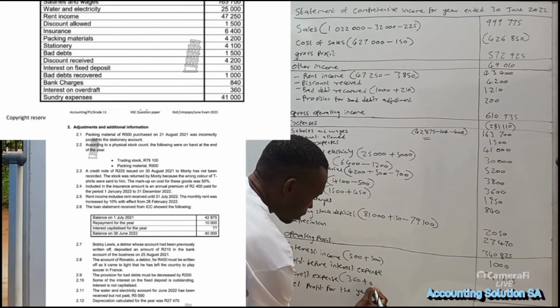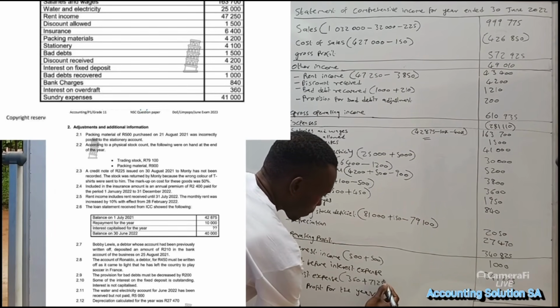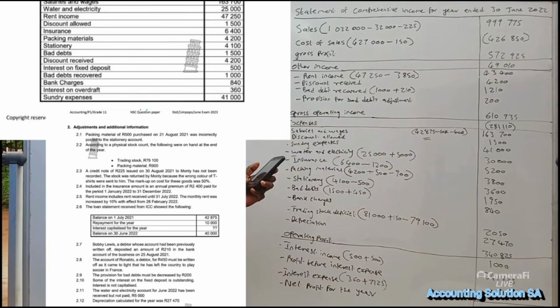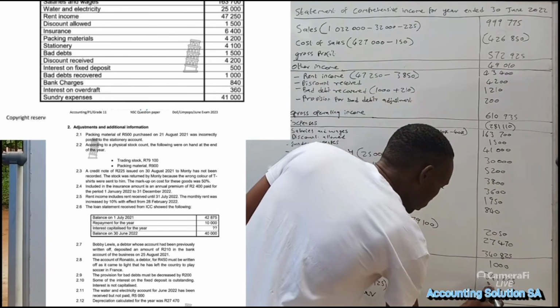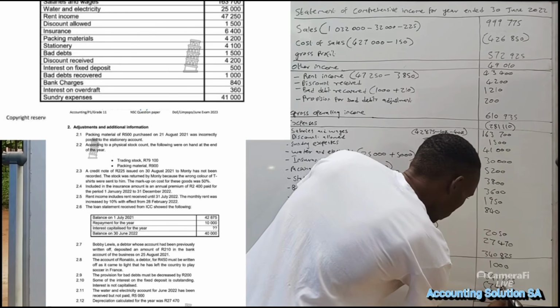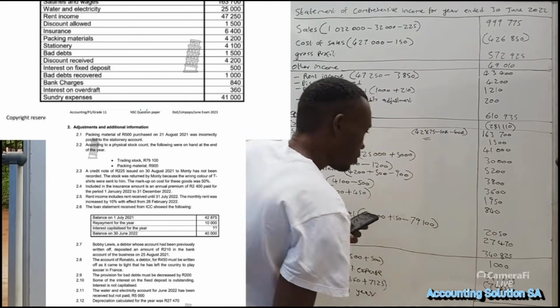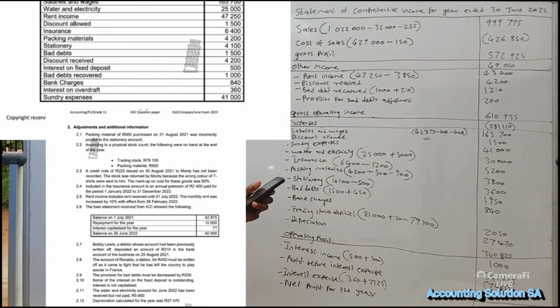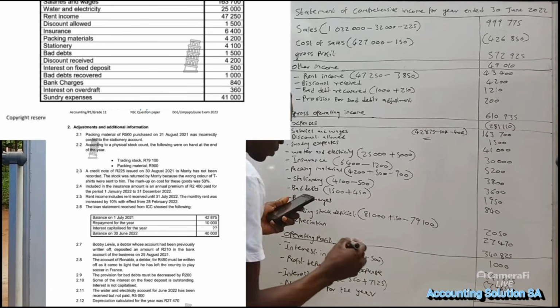This is the one that you are going to add here, 7,125. Okay, and you will get 7,485. Okay, then after all, guys, that's where you're going to get now your net profit of 334,340.